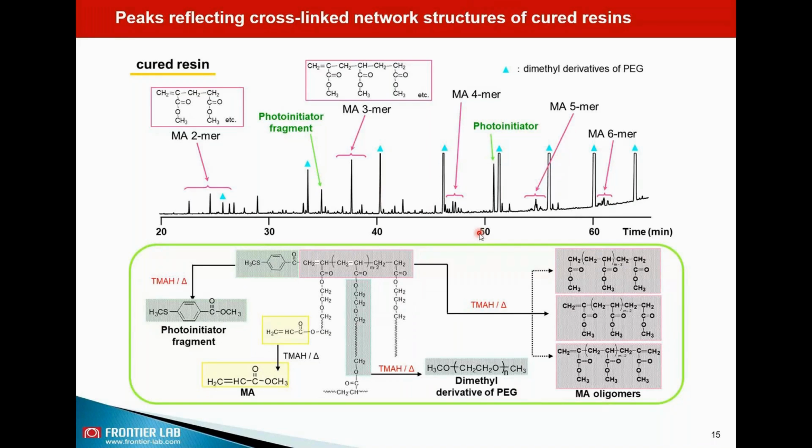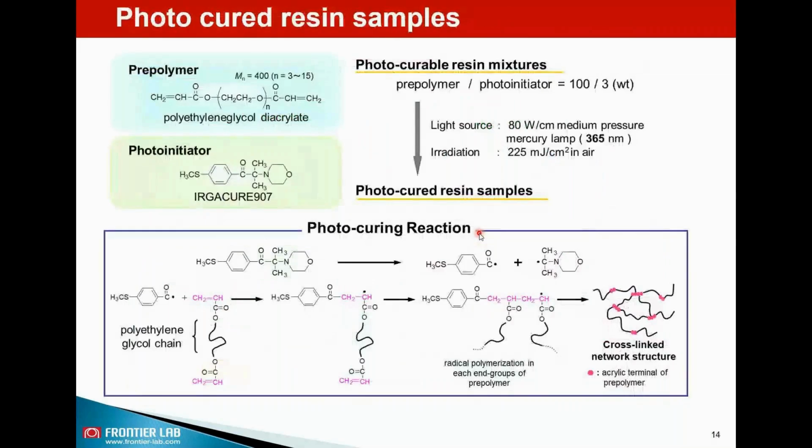So it is like a one-step approach for you to do this reactive pyrolysis analysis, which allows you to understand the cross-link network structure to check the suitability or also the process performance of the different photo initiator that is mixed with the polymer.